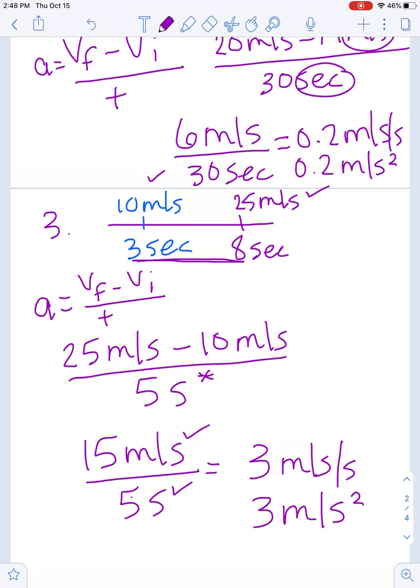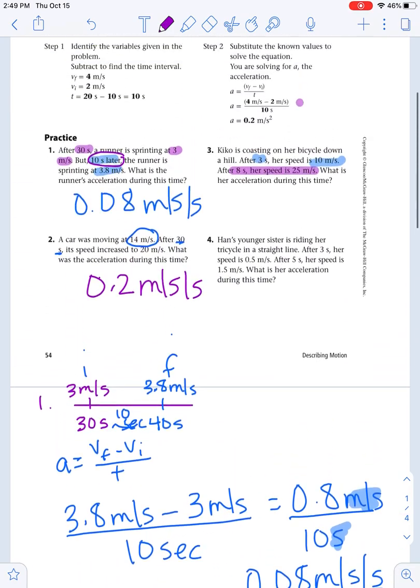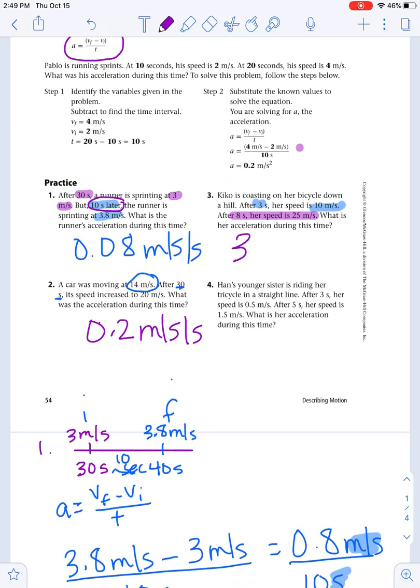What we could have written out was 8 seconds minus 3 seconds to come up with our 5 seconds. I skipped that step, sorry about that. So our final answer here is 3 meters per second per second.